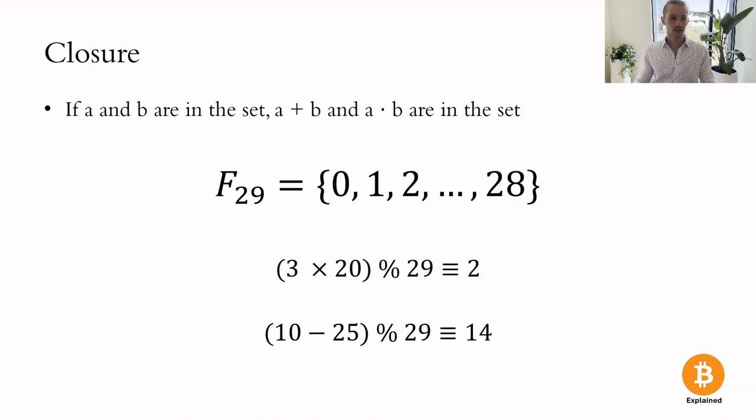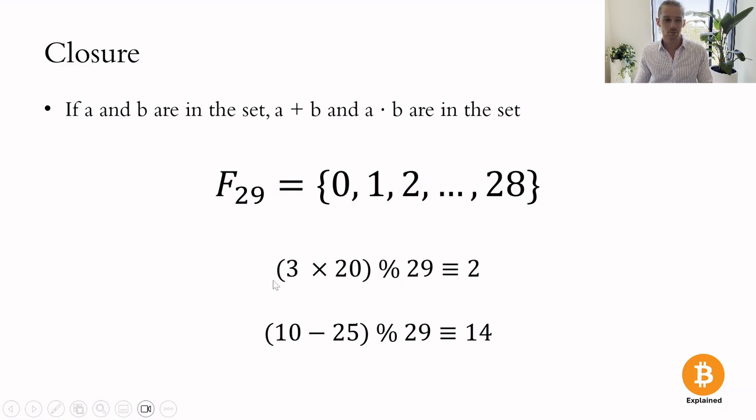Okay, closure. As we said, if A and B are in the set, then A plus B as well as A times B should also be in the set. I've already proved this with addition in the example earlier, but let's look at the same finite field of order 29 for multiplication. If we take two elements that fall in this finite field, 3 and 20 for example, how do we make sure that the result of that multiplication also falls in the finite field?